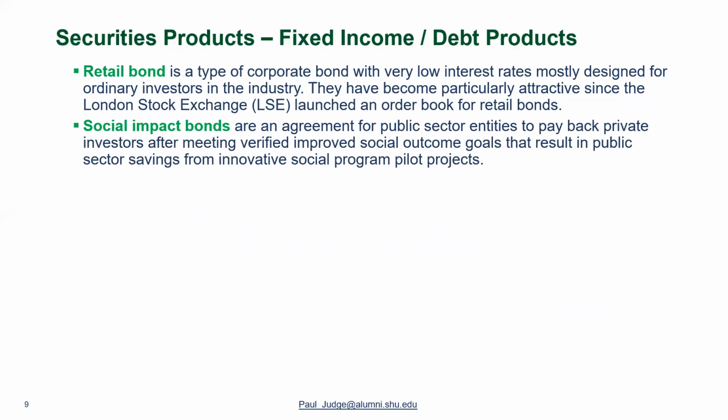Social impact bonds. This kind of ties back to what I was saying before, the climate bonds. These are bonds that are an agreement for public sector entities to pay back private investors after meeting verified social outcome goals, with the result of public sector savings and innovative social programs or private programs.